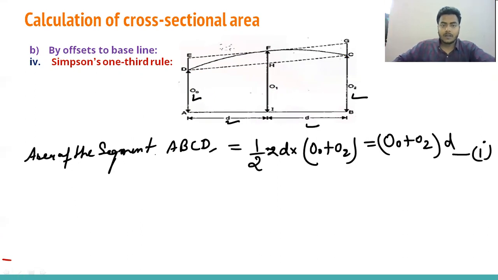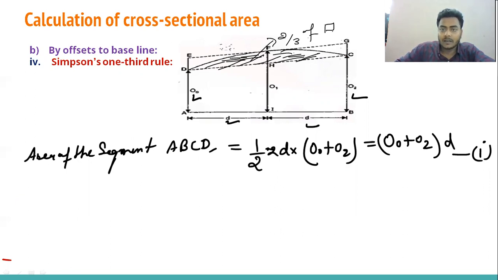See, whatever area is formed by this parabolic arc will be two-third of the parallelogram formed like DEFG, area of DCGE, right? There is a property.